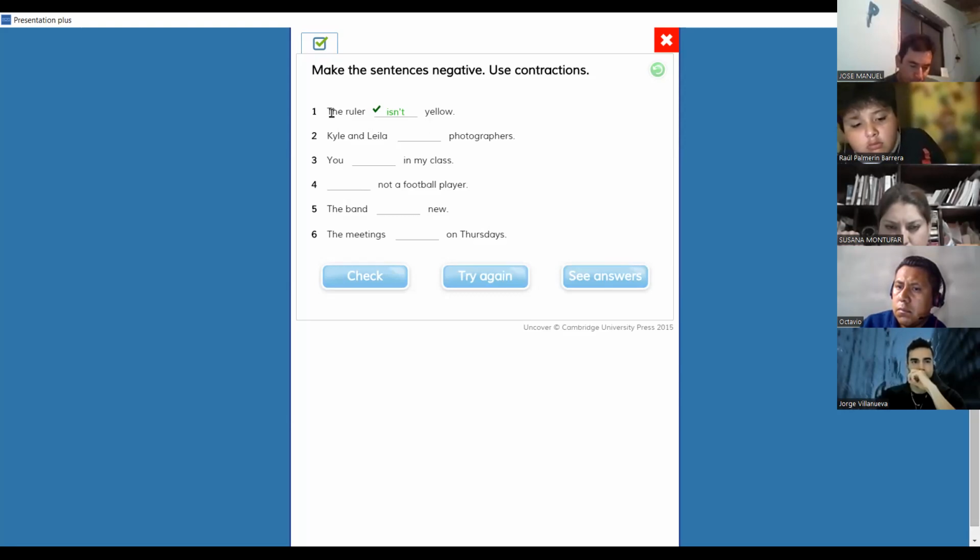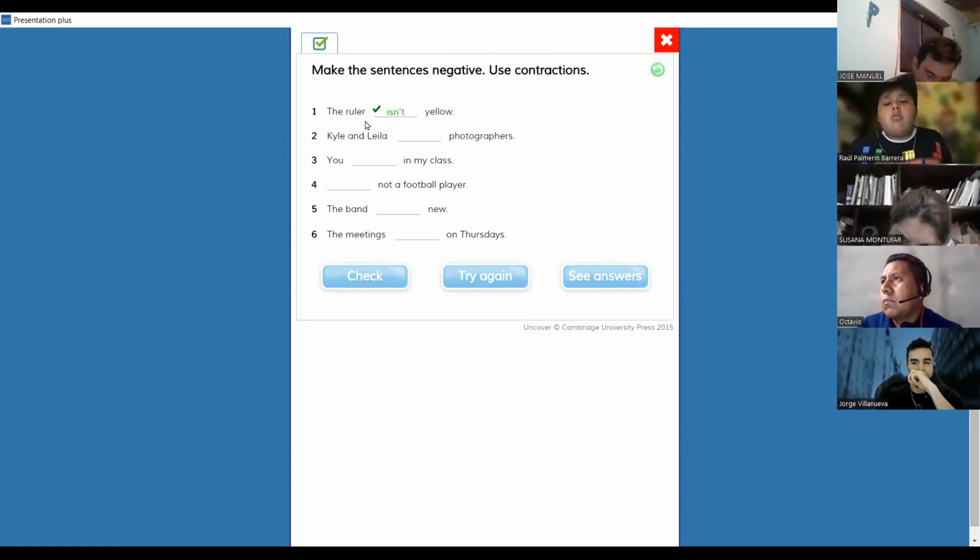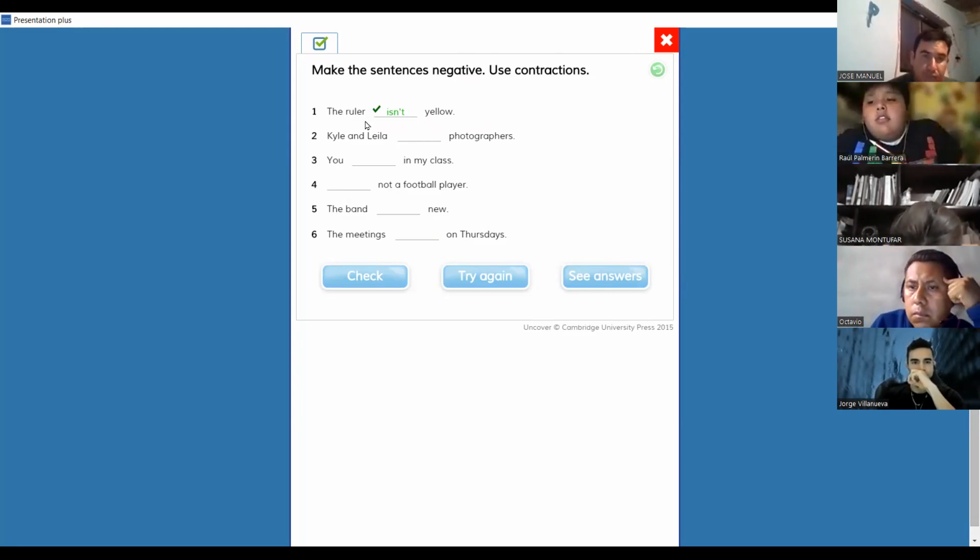Por ejemplo, mi oración original, the ruler is yellow. Mi oración negativa, the ruler is not yellow. Mi oración negativa corta, the ruler isn't yellow.